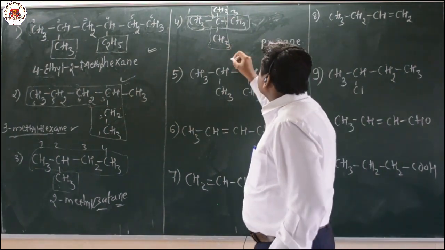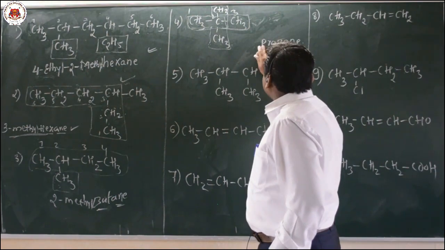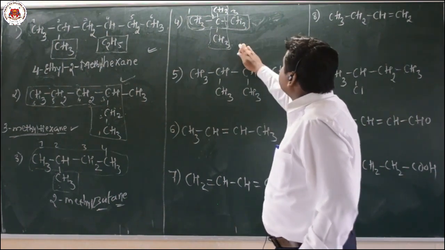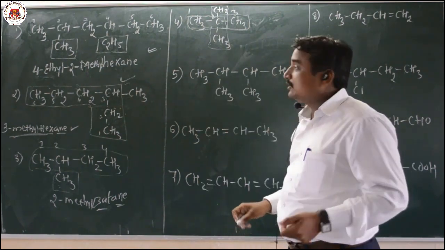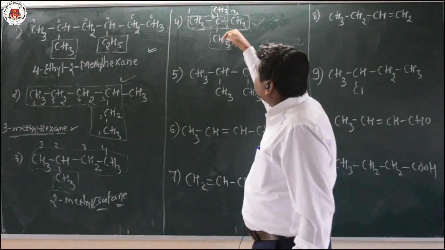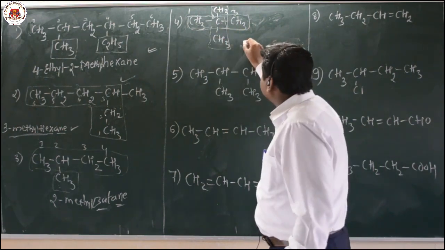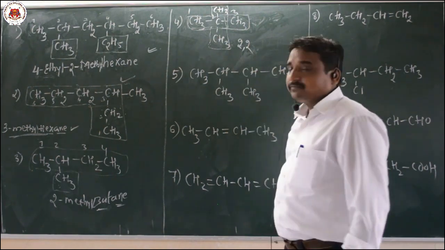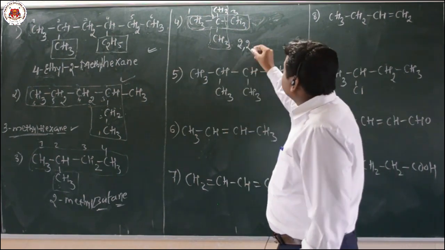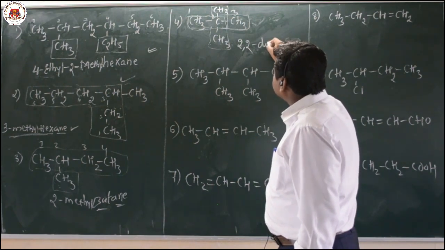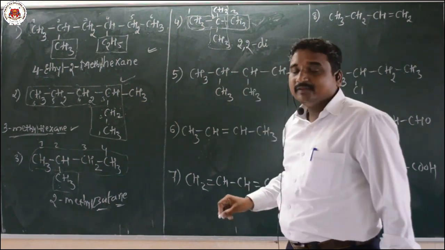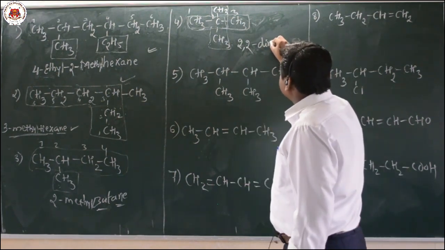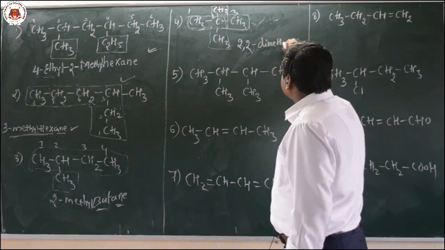They are methyl groups, and you have to write the position of the substituent group repeatedly, because at the second position only we have 2 methyl groups. Hence the name of the compound is, now listen carefully, 2,2, because there are 2 substituent groups, hence I have written here di. The name of the substituent group is methyl.